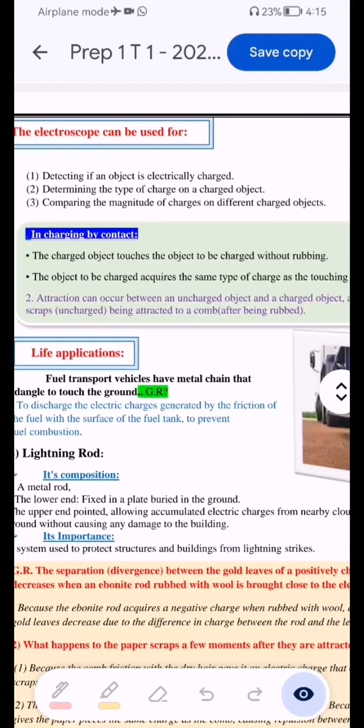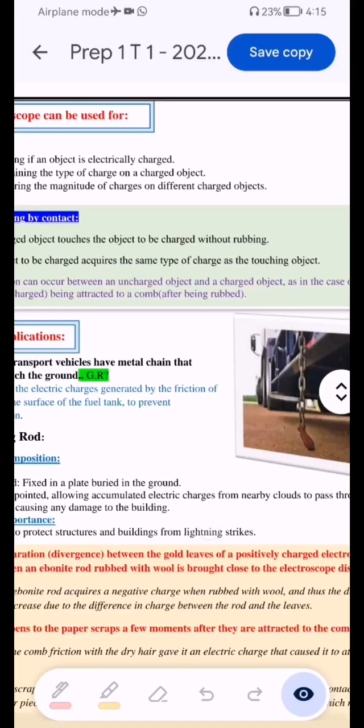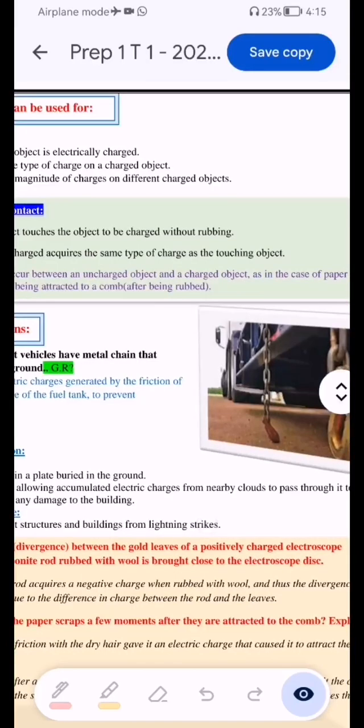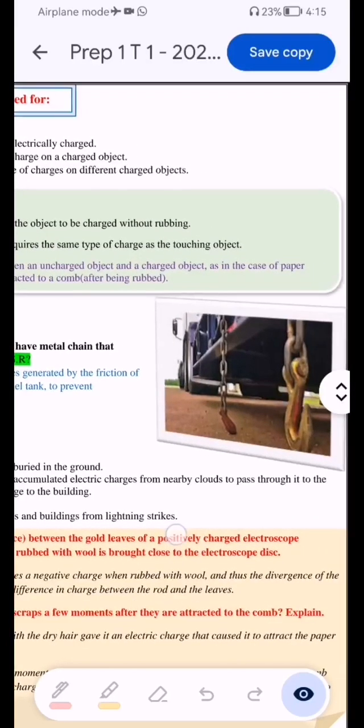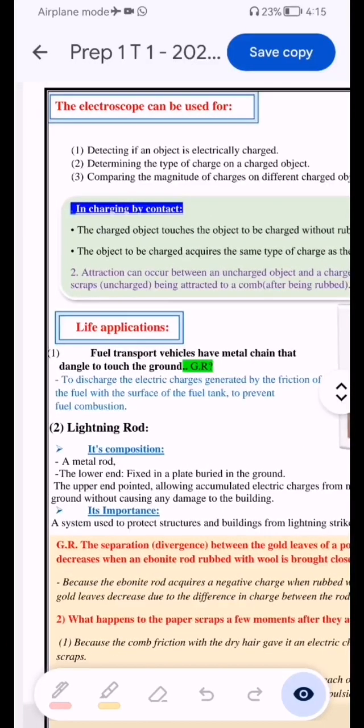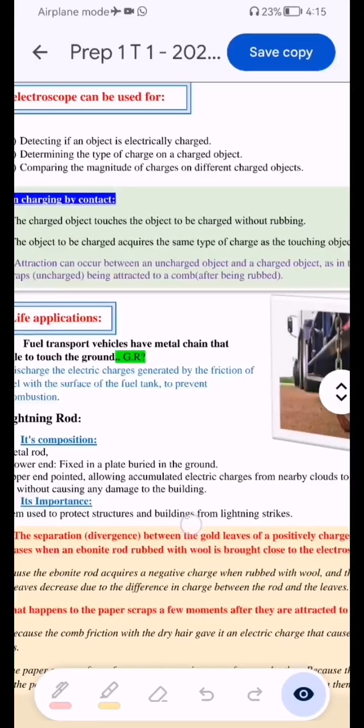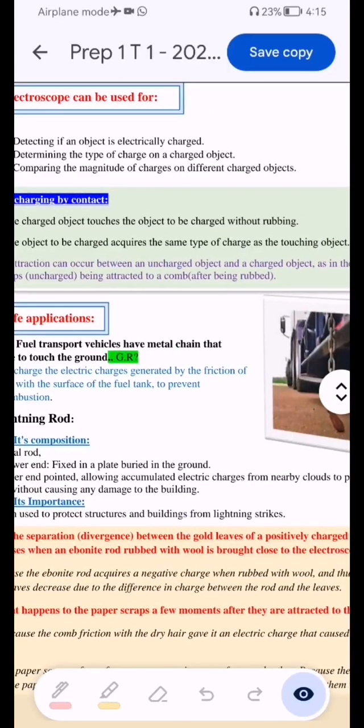Number two, attraction can occur between an uncharged object and a charged object, as in the case of paper scraps being attracted to a comb after being rubbed. When you brush your hair, friction occurs between your hair and the comb, so the comb acquires electrons that accumulate on its surface.